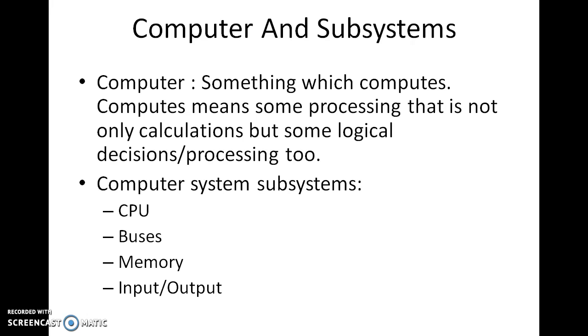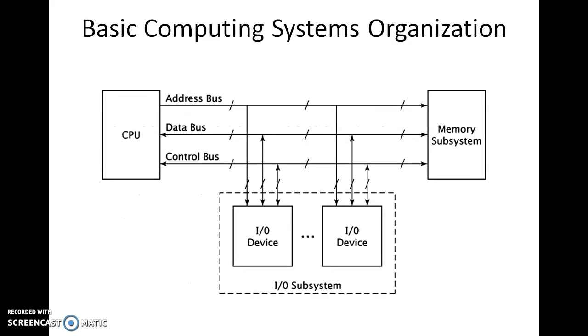Good. As seen in the previous slide, what are the various subsystems of a computer? CPU, buses, memory, input-output. Any doubt on this? Okay. Now how are these connected together? We can come to this slide after some time, but for the time being, just see there are three kinds of buses: address, data, and control bus.